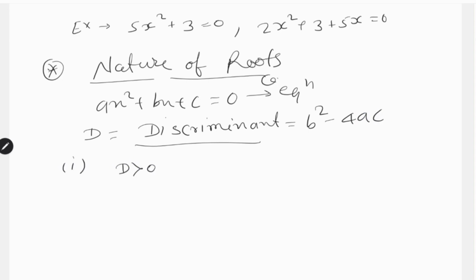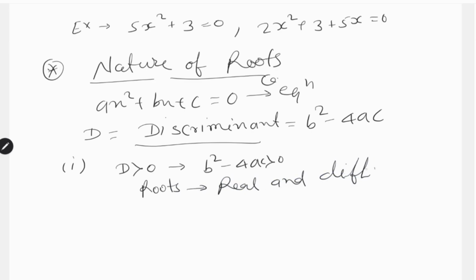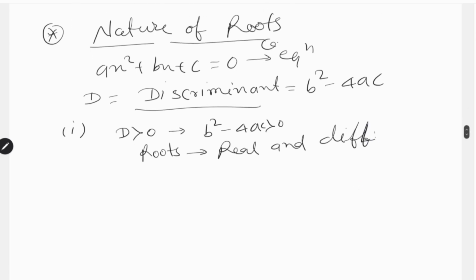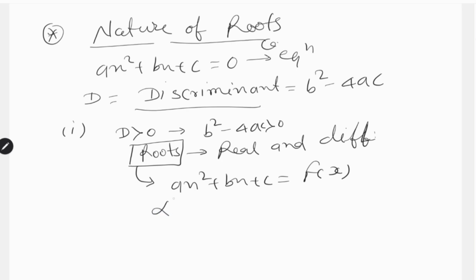Okay, first condition, if D is greater than 0, then b square minus 4ac is greater than 0, then roots are real and different. Okay, what are the roots? Suppose that ax square plus bx plus c is equal to f of x. I am saying alpha is the root of the equation.